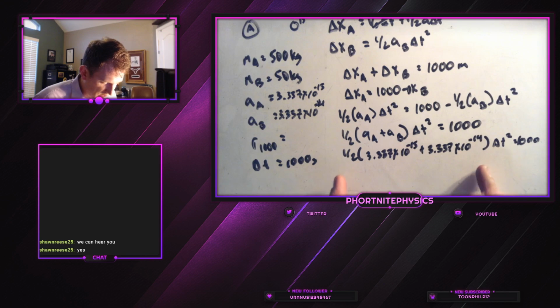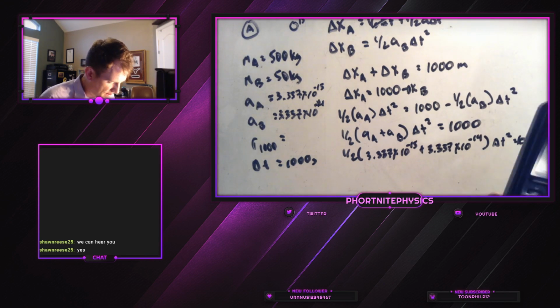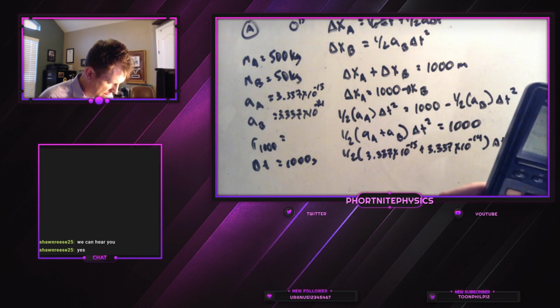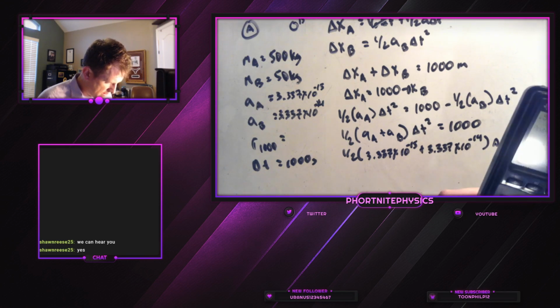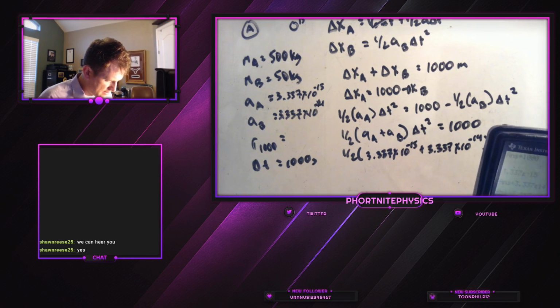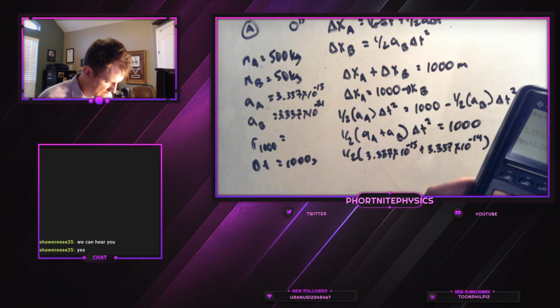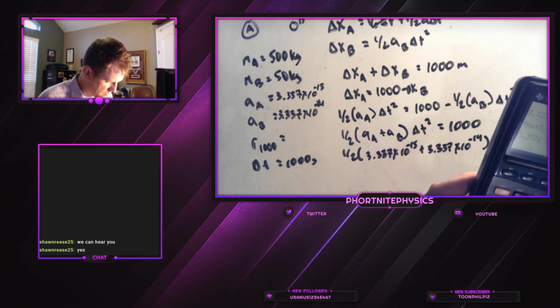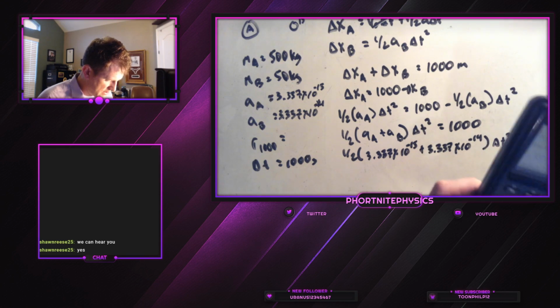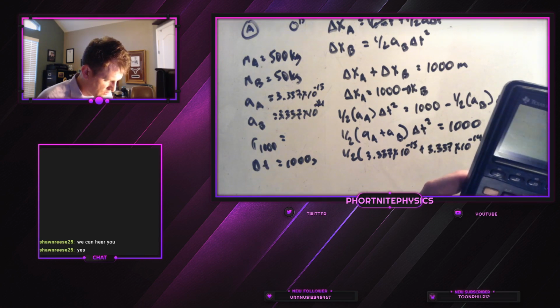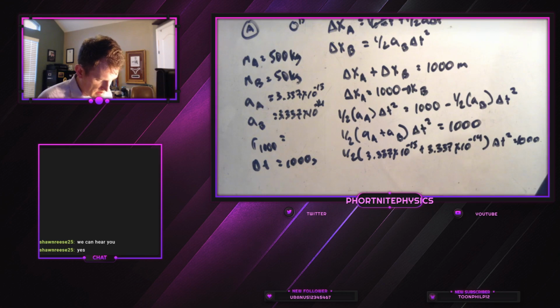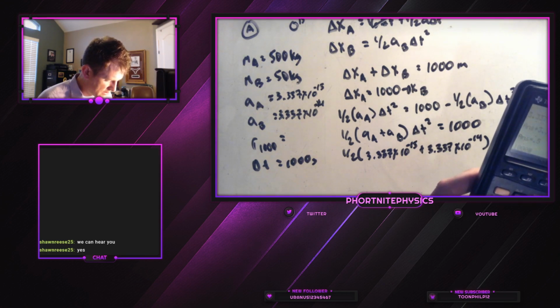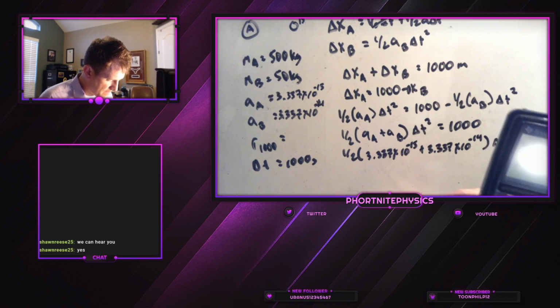Now if we divide both sides by this much, I typed it wrong. 3.337 times 10 to the negative 15 plus 3.337 times 10 to the negative 14, times 0.5, then 1,000 divided by that.